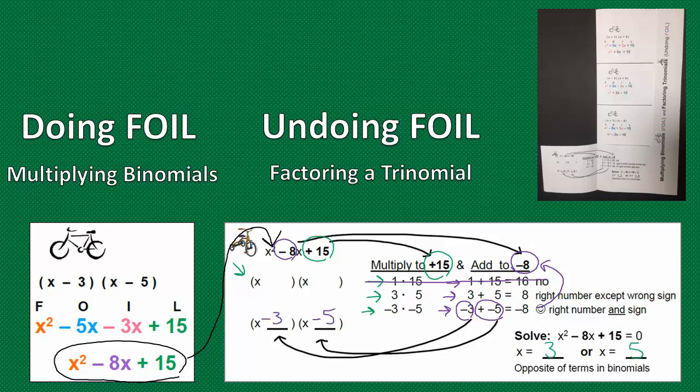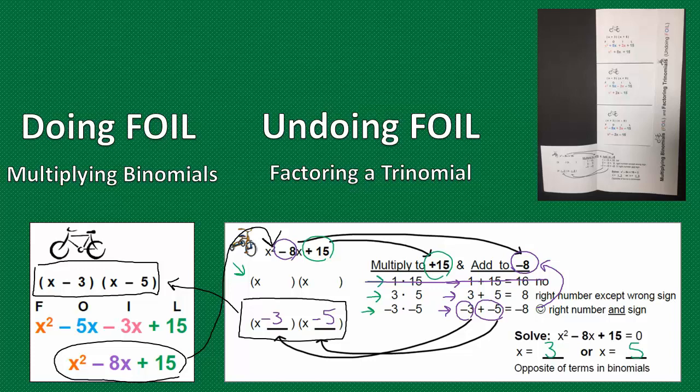So now we have x minus 3 times x minus 5. And notice that this is the same two binomials that we started out with. So we have done FOIL and we have undone FOIL.